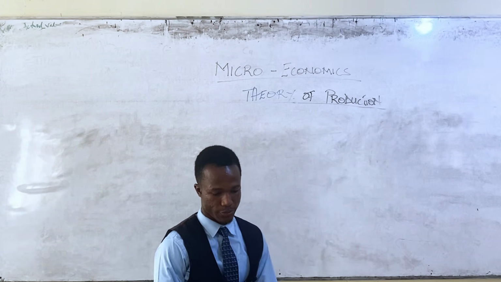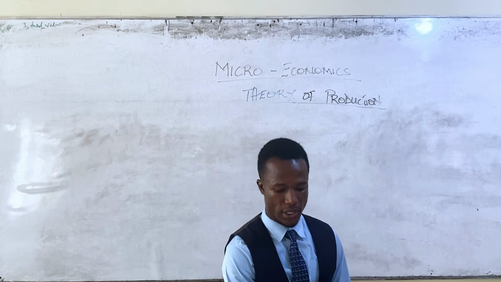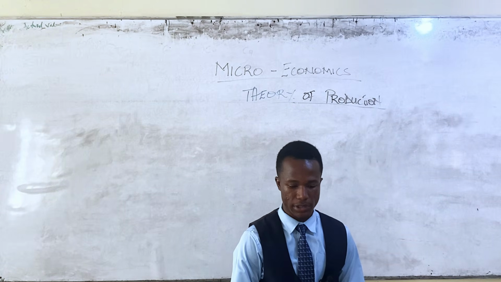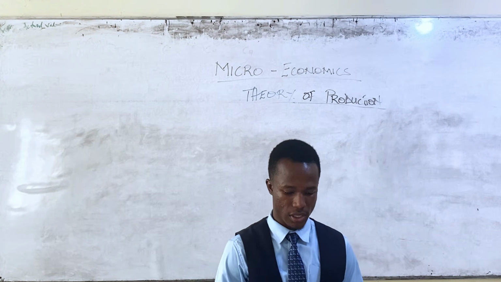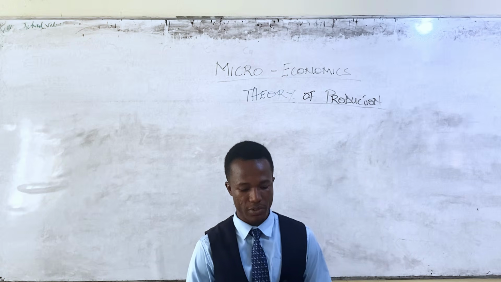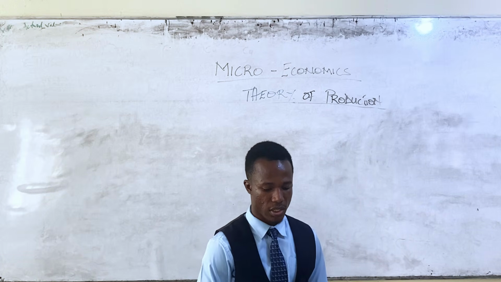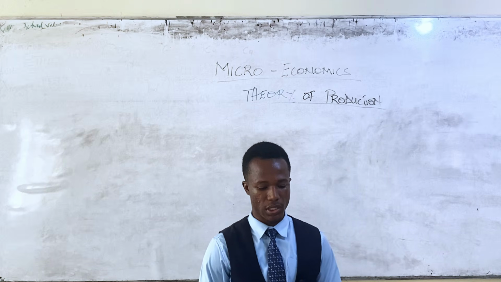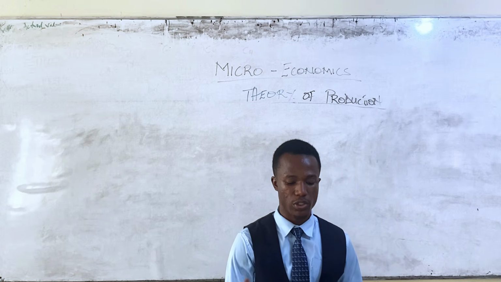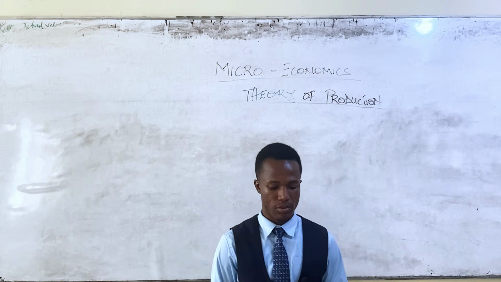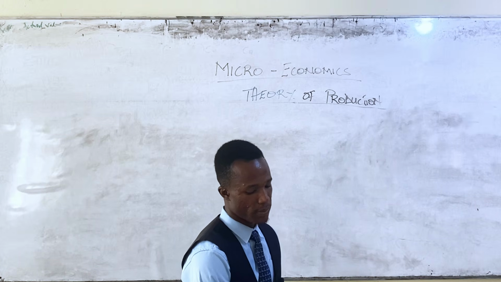We are going to look at terms like diminishing returns, total, average, and marginal products. There are various shapes and stages in production. We will talk about marginal rates of technical substitution, characteristics of isocost, production equilibrium, and the expansion path.